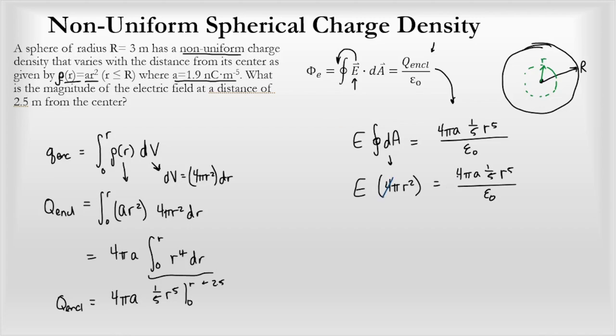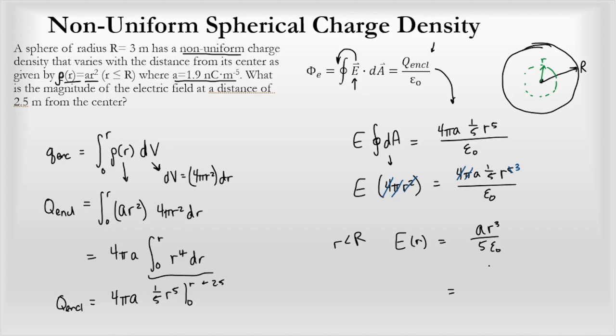We have a 4 canceling on both sides, a pi canceling on both sides, and an r squared canceling out 2 of the r to the 5th, so we get r cubed. So the electric field at some radius r, where r is less than big R, is given by this general form: A r cubed over 5 epsilon naught.